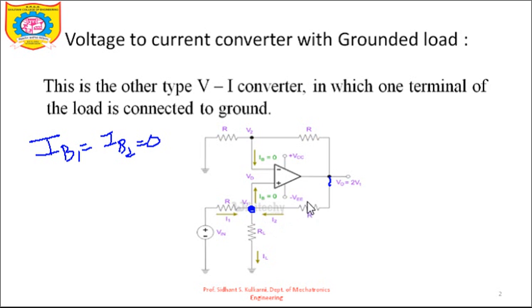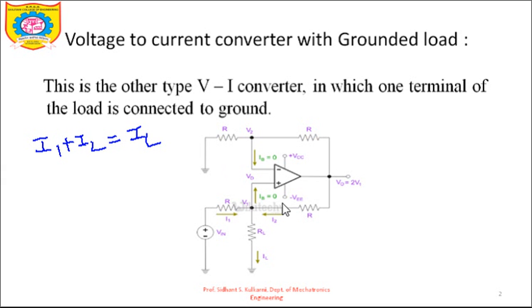Another current I2 is entering this node from the output voltage, and the third current IL is the load current flowing through RL. Applying KCL at this node, incoming current is equal to outgoing current. There are two incoming currents, I1 and I2, so we can write I1 plus I2 equal to IL.